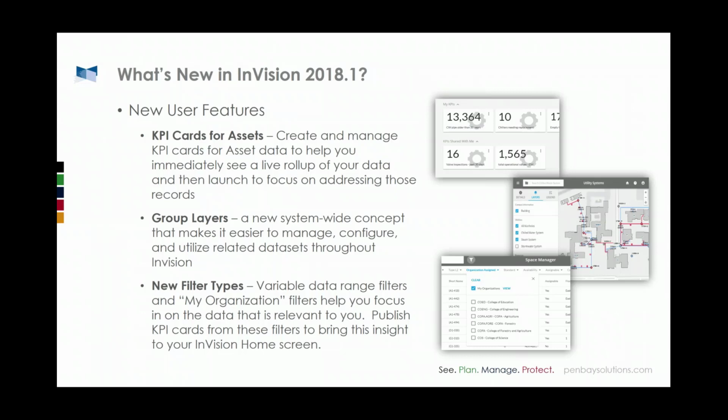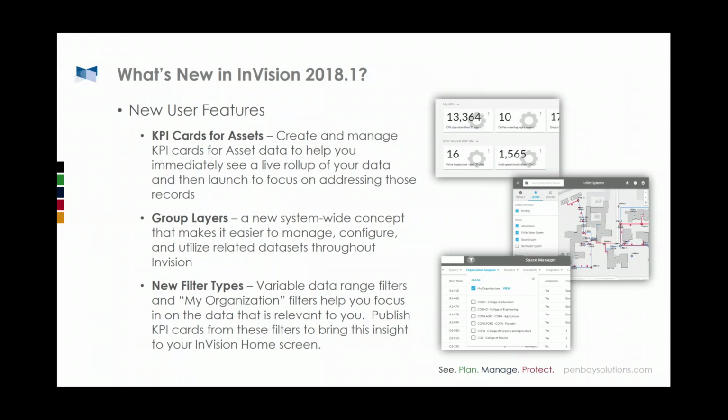There's also a variable date range filter type, which is particularly interesting for assets and leases, so that you can filter down on those assets that need to be inspected in the next 90 days, or those leases that are going to expire in the next 180 days, or whatever.